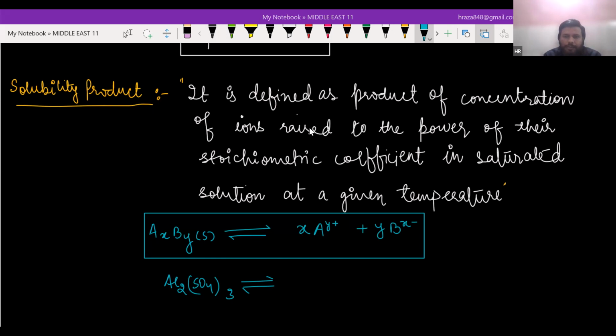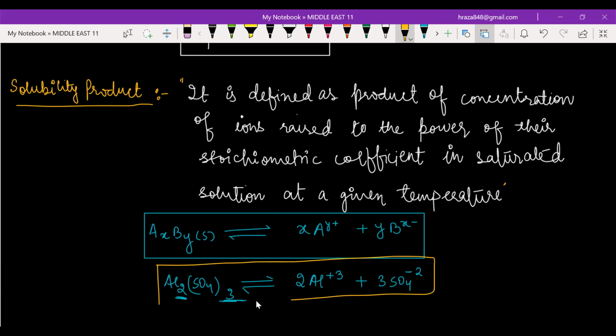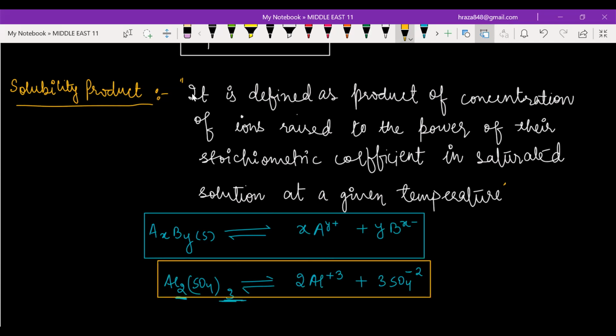Very good, Krishna. So what happens here? How many aluminum atoms? 2 aluminum atoms, and whatever number is here, just put it as positive. Then how many SO4? 3 SO4, and whatever number is here, cross multiplied, it will be negative. In the same way, I wrote this. Is this clear?